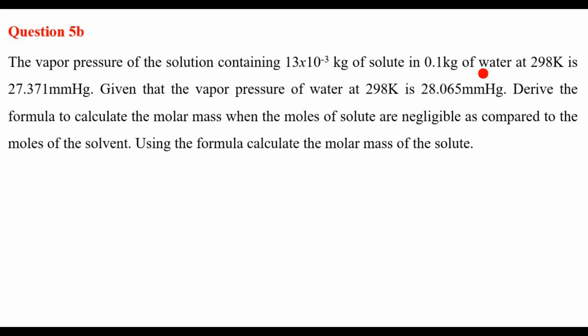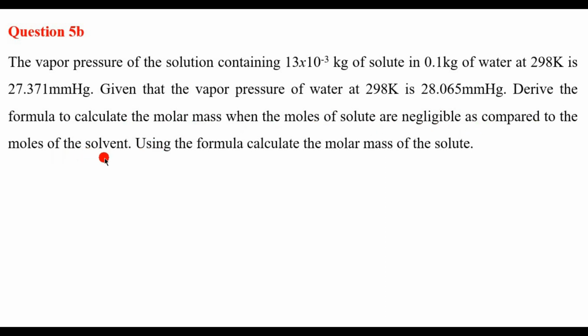You also have the vapor pressure of the solution, which is 27.371 millimeter mercury. Given the vapor pressure of water, that means you also have the vapor pressure of the pure solvent as 28.065 millimeter mercury. They are asking to derive the formula to calculate the molar mass when moles of solid are negligible as compared to the moles of solvent.